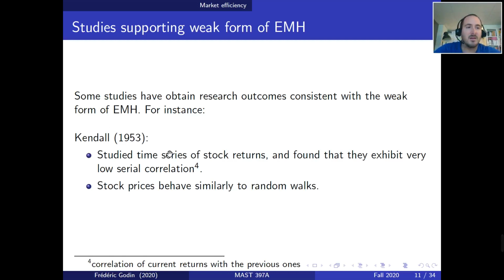But Kendall claimed that by looking at the stock price time series, such correlations are very mild, and they cannot necessarily be exploited because the non-zero correlations might be so small that they're due to noise, or randomness.